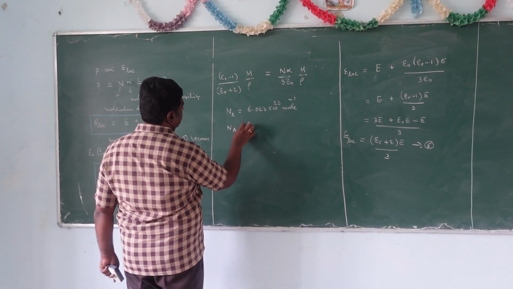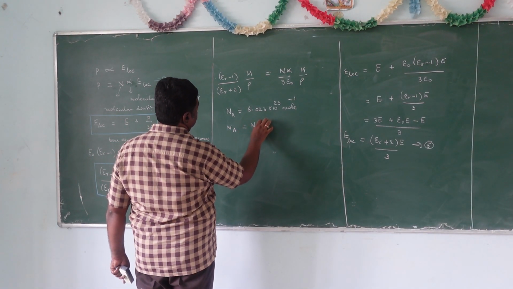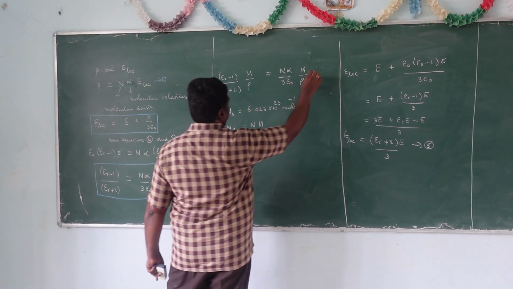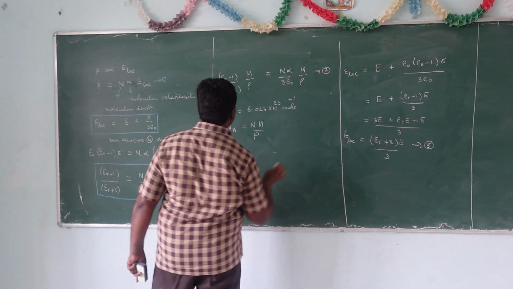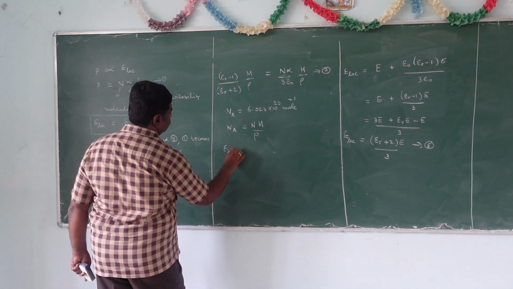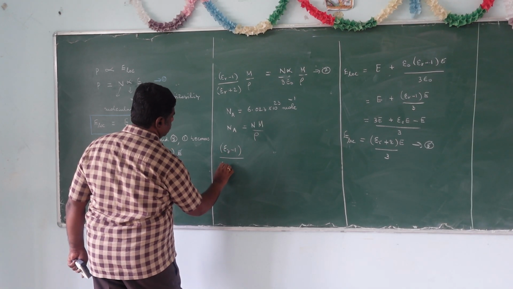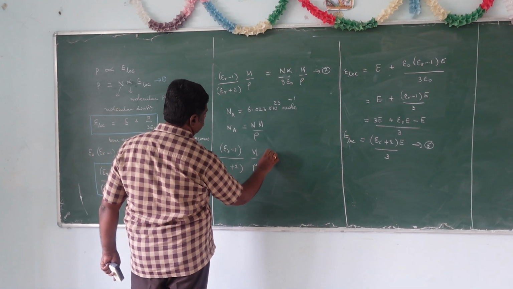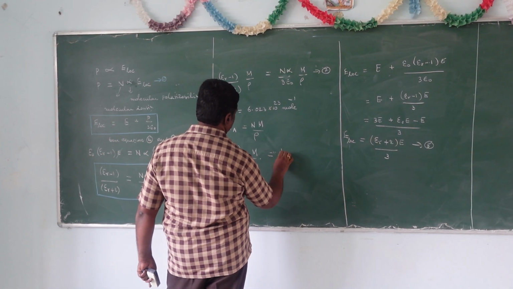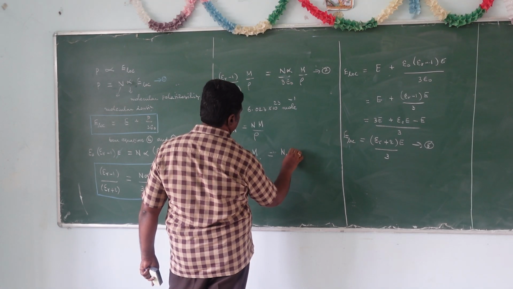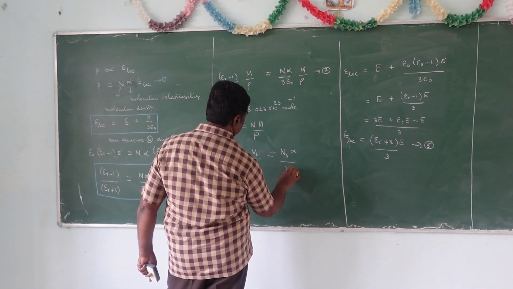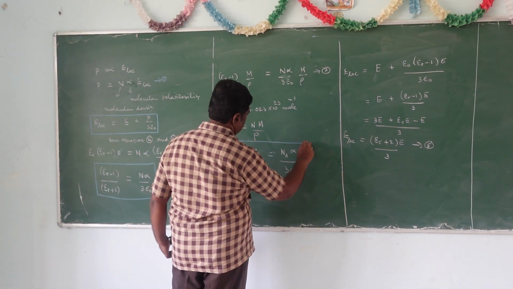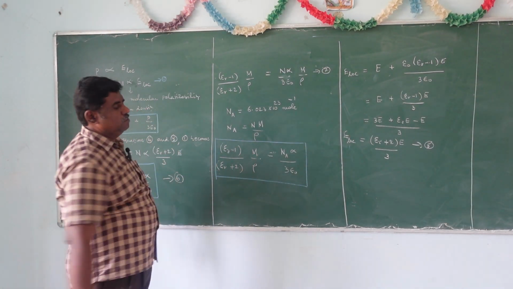That Avogadro number Na equal to n M divided by rho. Therefore, this relation 7 becomes (epsilon r minus 1) divided by (epsilon r plus 2) into M by rho, which is equal to Na alpha divided by 3 epsilon naught. This is our molar polarizability equation.